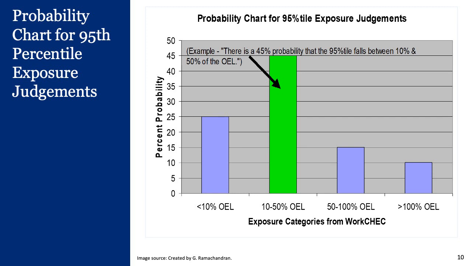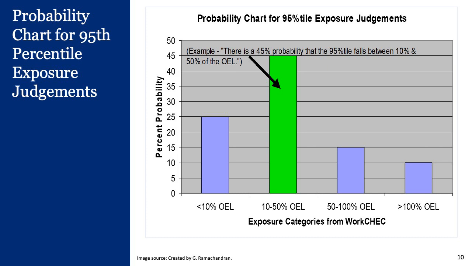So this is an example of a probability chart shown in a more close-up way. Since there are only 4 possibilities, the probabilities in the 4 categories need to add up to 100%. So that is a rule of probability. In this case, we are saying that category 2, 10 to 50% of the OEL, has 45% probability, meaning that there is a 45% probability that the 95th percentile is in category 2, or the 95th percentile is between 10 and 50% of the OEL.